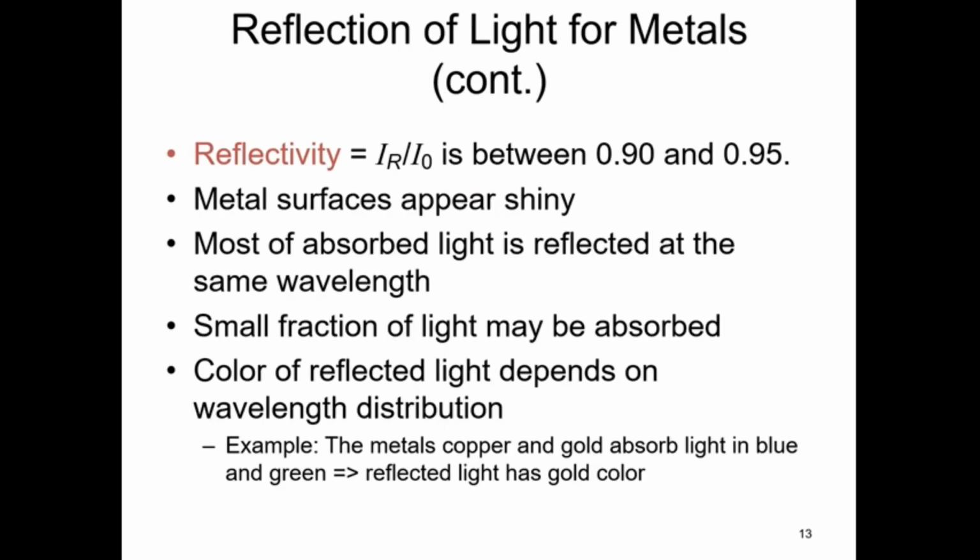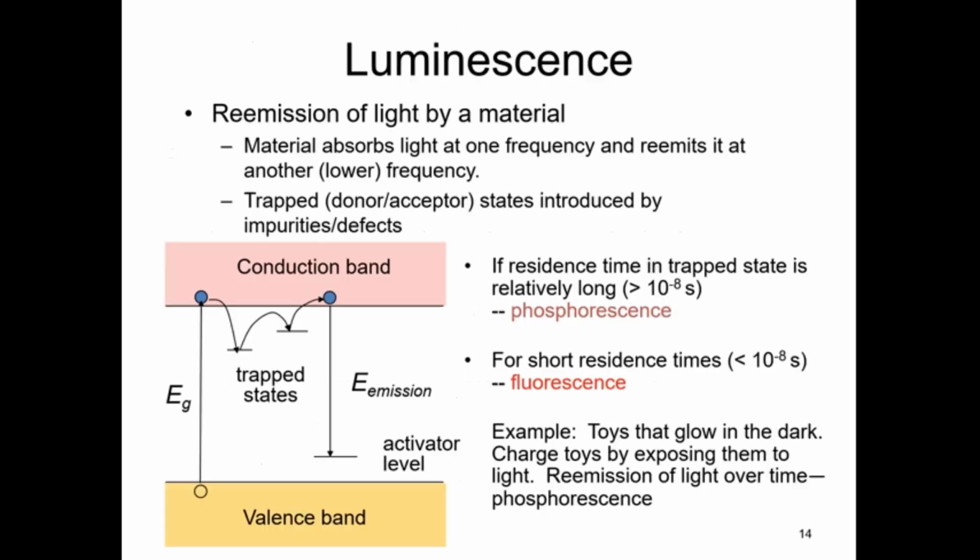We can use these optical properties of materials in various applications. First, we will be looking at the luminescence phenomenon. Some materials are capable of absorbing and then re-emitting visible light, and we call this luminescence.